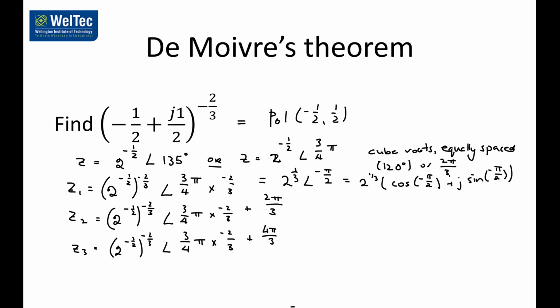And the second one would be 2 to the power of 1/3 angle 1/6 pi, which we could rewrite as cos of 1/6 pi.